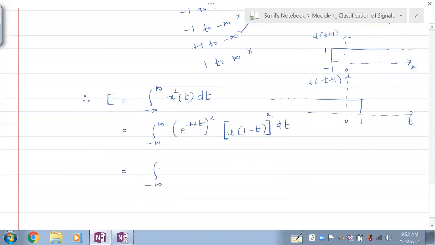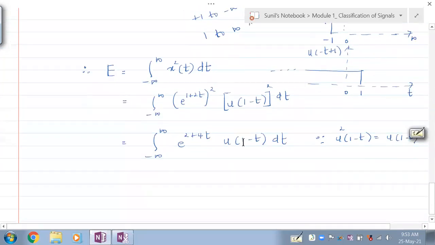Let's take it as minus infinity to plus infinity, e power 2 plus 4t, it would become, so multiplying this 2 with the power, and here is u of 1 minus t dt. Since we have to give the reasons wherever it is necessary, u squared of 1 minus t is actually u of 1 minus t.